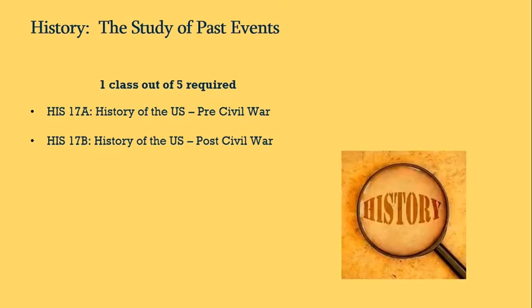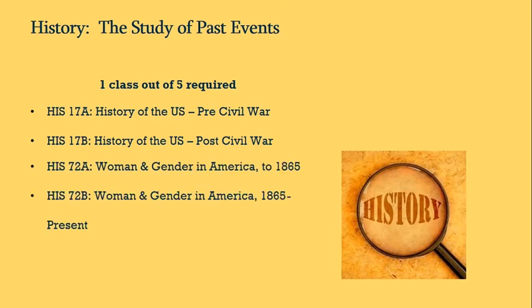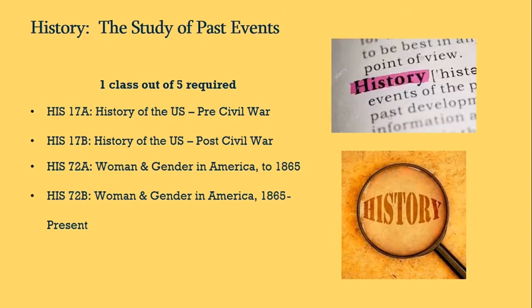The next group of history classes is History 72A and 72B. 72A covers women and gender in America up until 1865, with 72B covering women and gender in America from 1865 until now. The last class available for you to take is Political Science 1, which encompasses the national government, including the political culture, parties, elections, and the presidency. Only one of these classes has to be completed for the major.